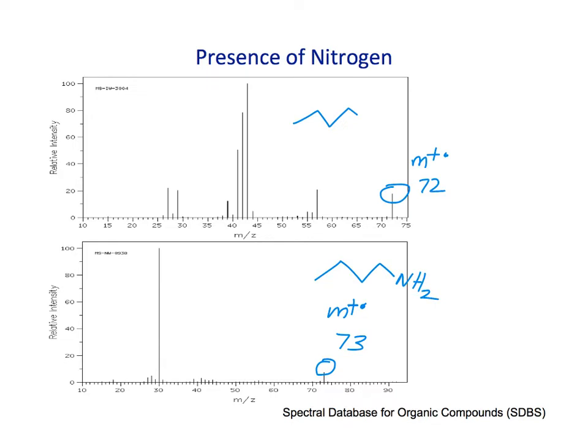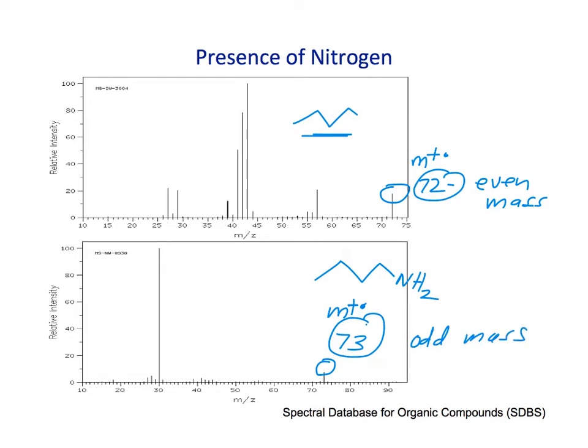And so the thing that I want to point out is that in this structure up here, we have a molecular ion with an even mass. All right? And when we have a molecular ion with a nitrogen, or an odd number of nitrogens, we have only one, we notice that the molecular ion has an odd mass.